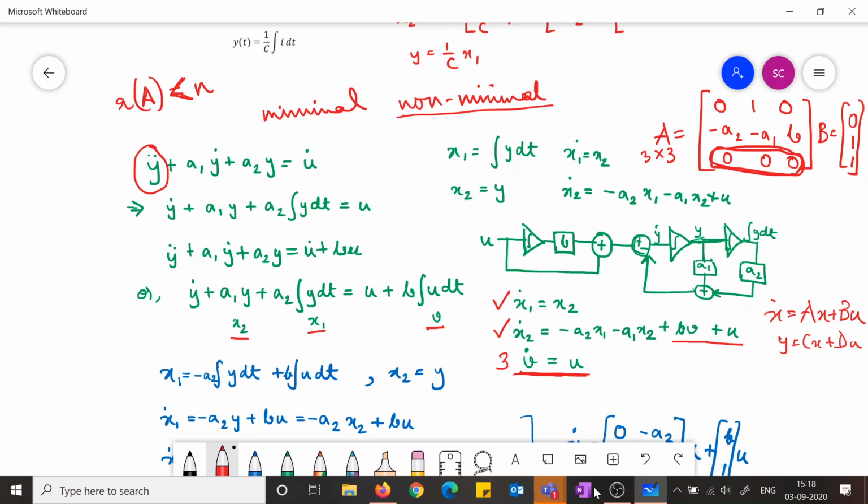If we had chosen x1 and x2 a bit more judiciously, then with that x1 and x2 we could have formulated a second order state space realization itself. But since we were not skilled enough to choose x1 and x2 wisely, we had to choose another state variable. So we landed upon a non-minimal realization.